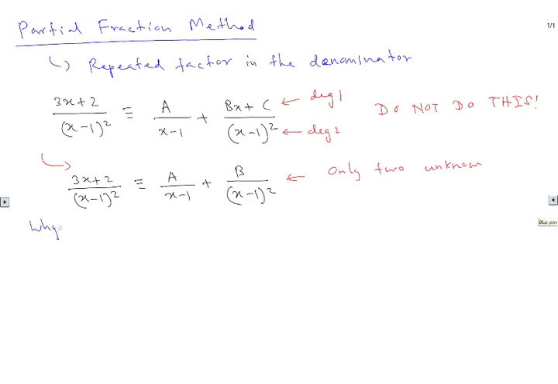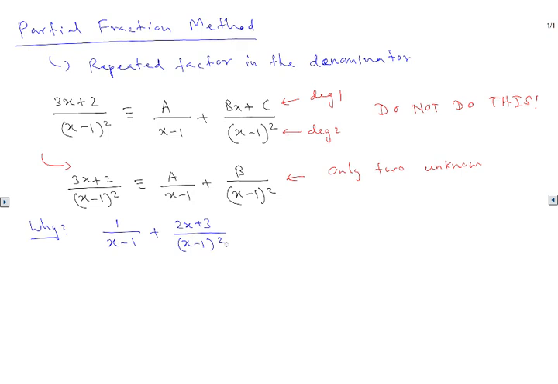So why? Let's say we go with the first method and get something like this: 1 over (x - 1), so a equals 1, plus (2x + 3) over (x - 1) squared. So b equals 2 and c equals 3.